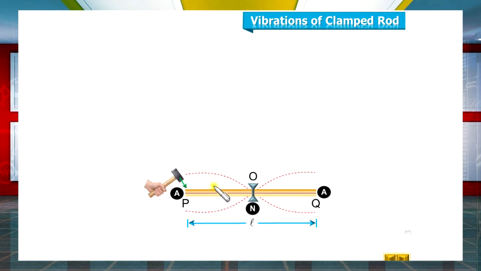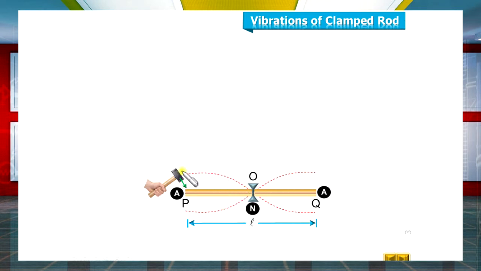We know the length of one loop is equal to lambda by 2, because in any one wave there are two loops and these two loops make one wavelength, that is length equal to lambda. That means one loop should have the length lambda by 2. And we can observe on the left side, this is a half loop and this is another half loop.